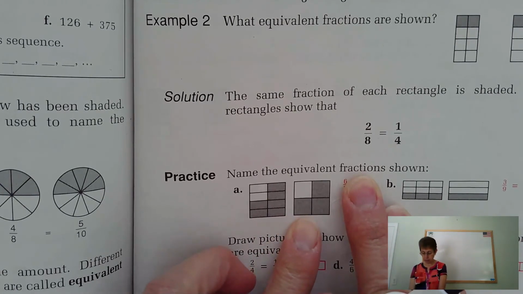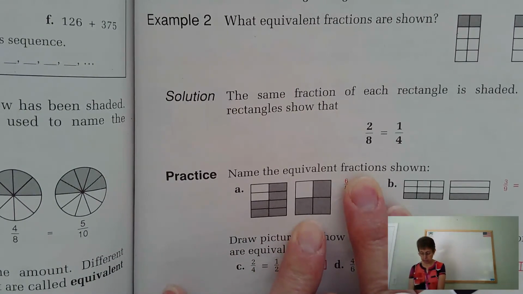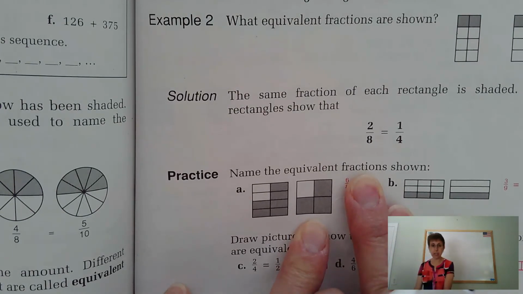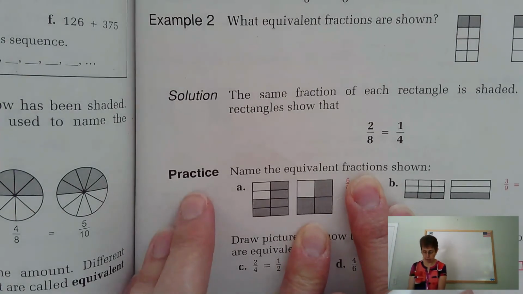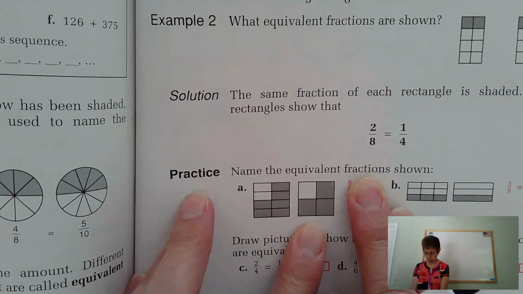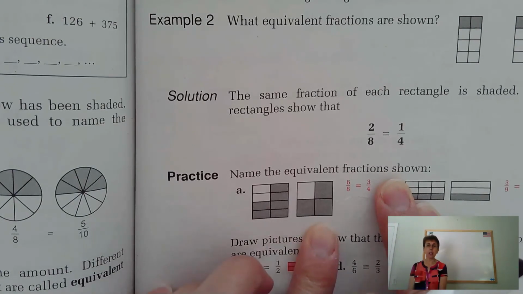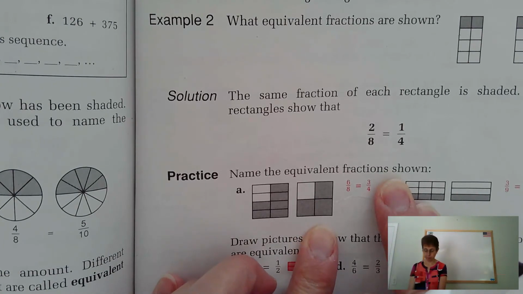And then in the second rectangle, you have 4 equal pieces, and 3 of them have been shaded in, so you have 3/4. So you actually have 6/8 is equal to 3/4.